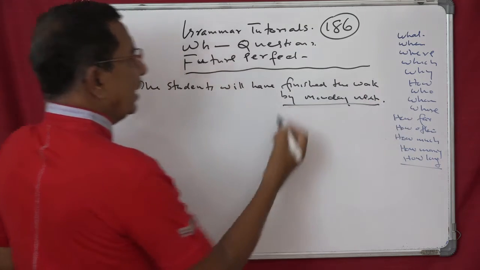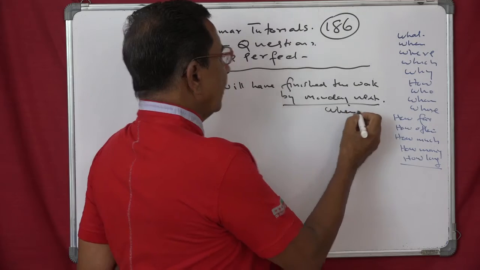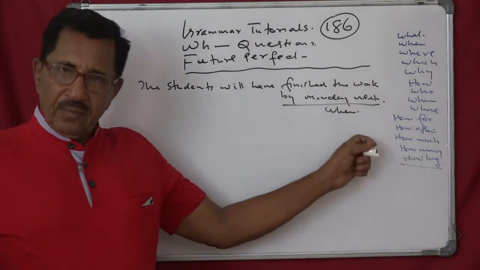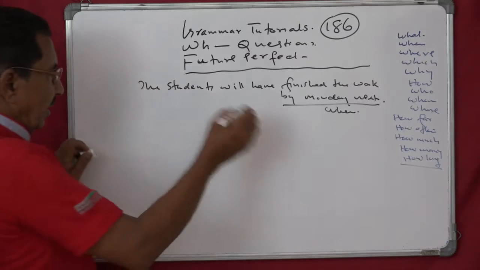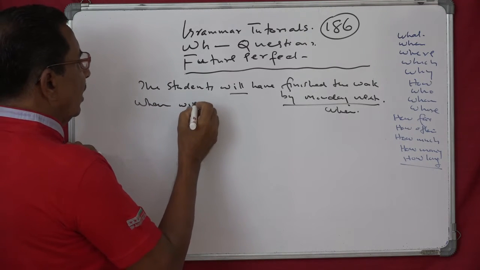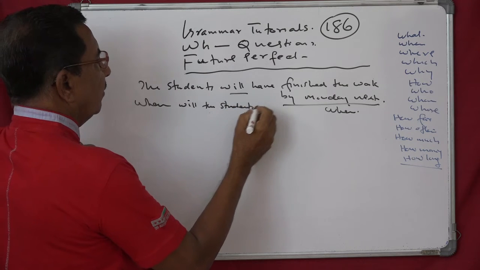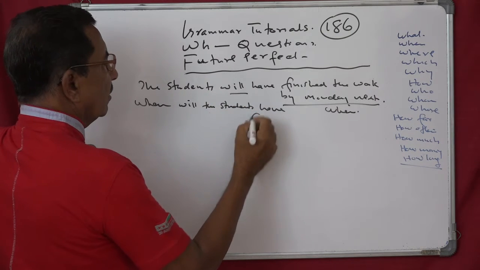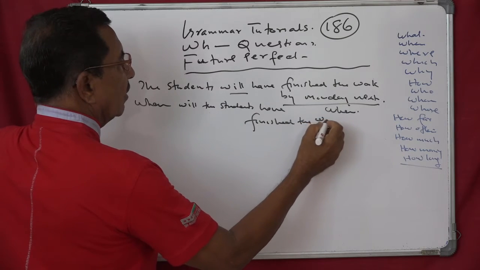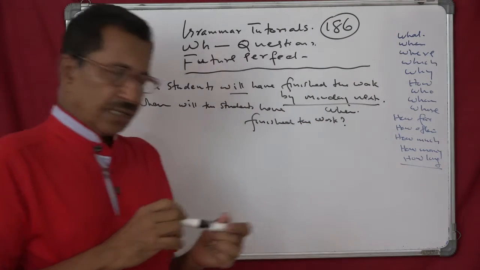So you want to get Monday next as the answer, then you say when? That's the time. So the new question, the WH question will be: When will the students have finished the work? So you will get the answer, by Monday next.